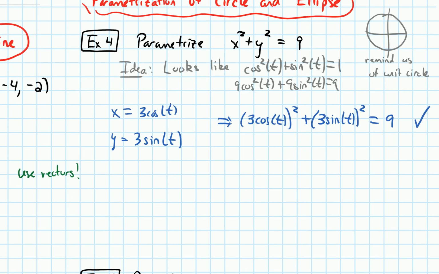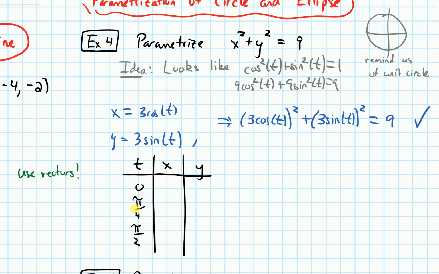Okay, so the one thing I haven't specified at this point is what the domain is, what range of values t takes on. So let's look at a table of values and let's look at those points on a graph to give us a feel for what we want that domain to be. This time when I plug in values for t, I need to plug in nice angles because they have to be plugged into a cosine and a sine function. So let's plug in 0 and pi over 4 and pi over 2.